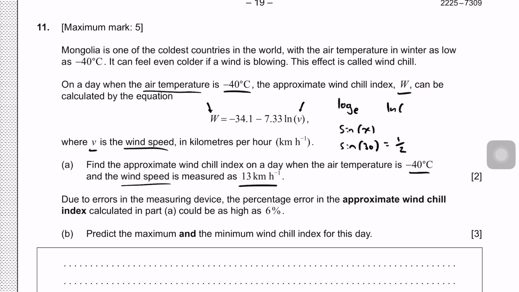If we have ln v, we can input values of v, and then we'll get some kind of corresponding output. So ln, log, sine, cos, tan, these are our functions, and they, in some way, relate inputs that we can feed into them and they'll spit out some corresponding output. And to be honest, for applications interpretations, that's about all you need to know about ln. Okay, so let's go ahead and put this into the calculator.